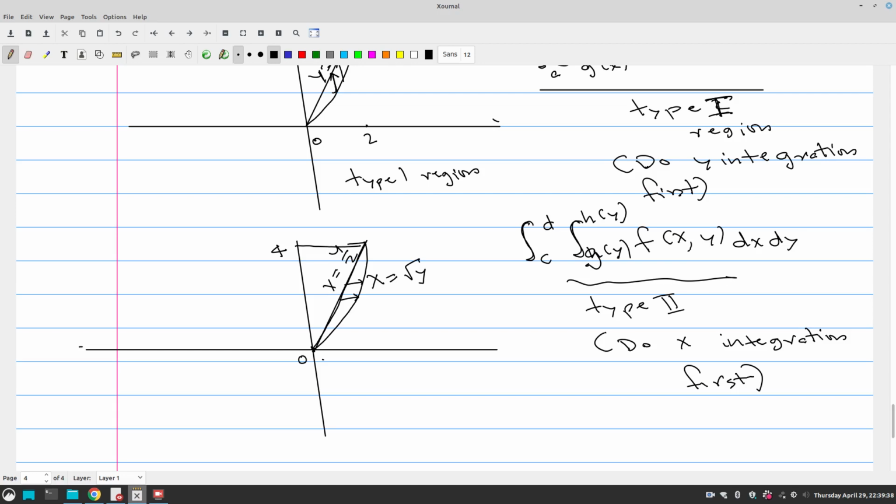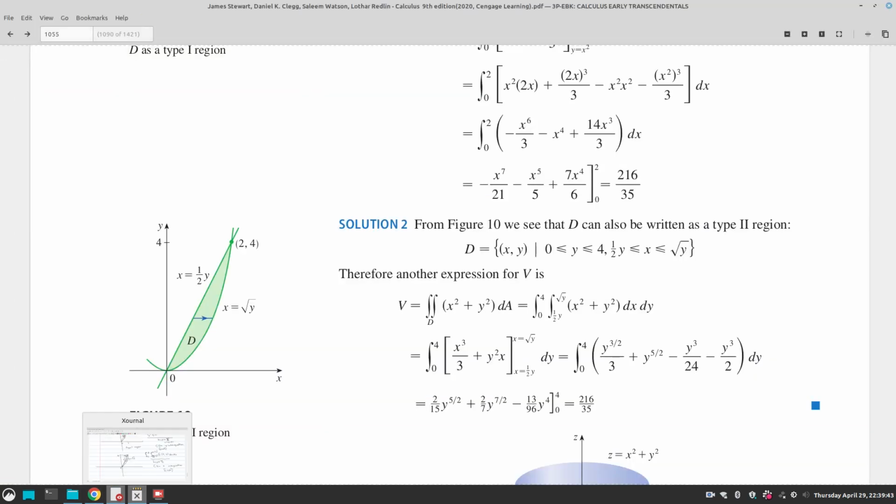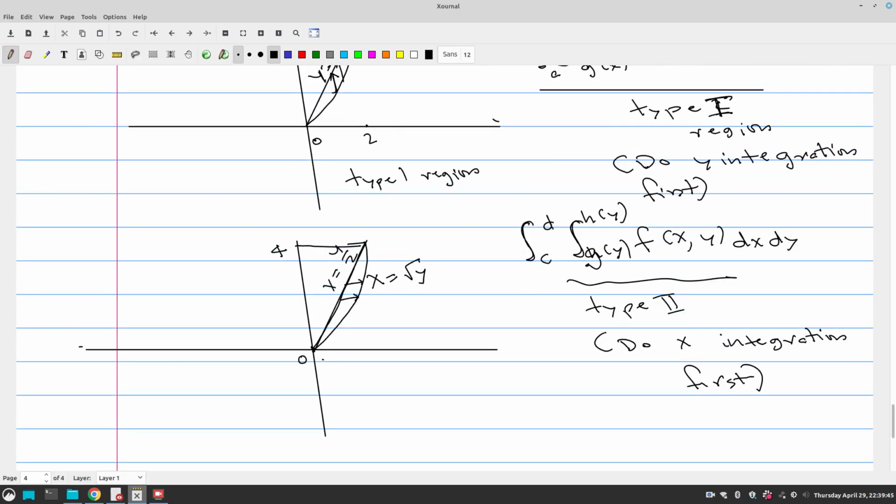So this is the type 2 region corresponding to this type 1 region.